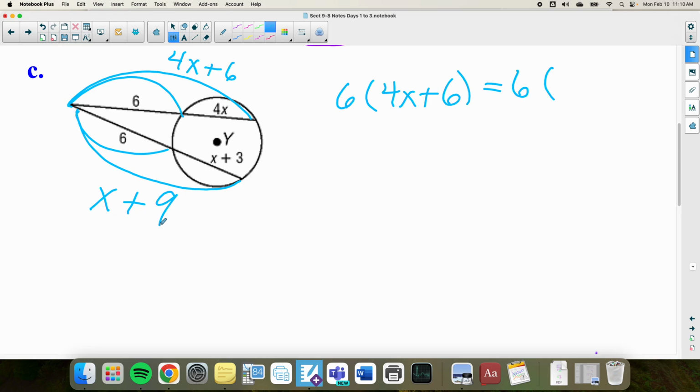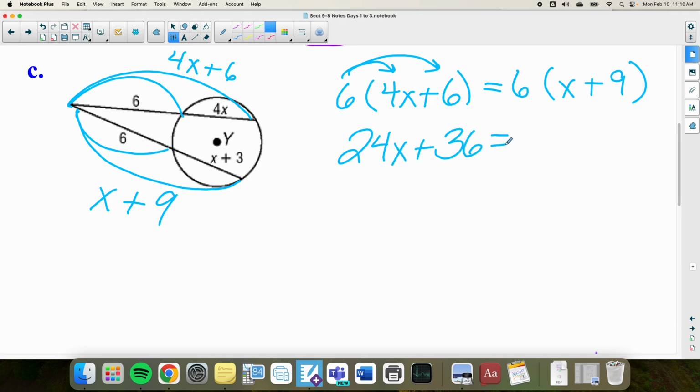So now on that, I'd have 6 times the whole thing is x plus 9. So then I distribute. 6 times 4x is 24x. 6 times 6 is 36. 6 times x is 6x. And 6 times 9 is 54.